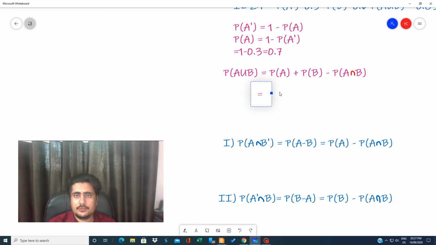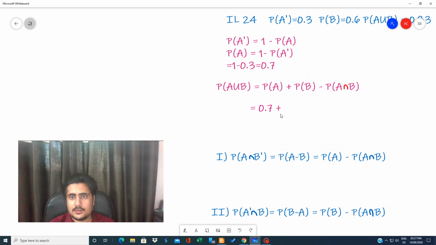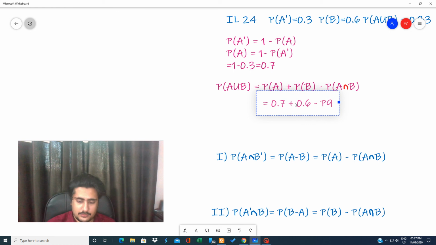It is 0.7 plus 0.6 minus. See now, you don't have the intersection, so we'll put a blank on the intersection.